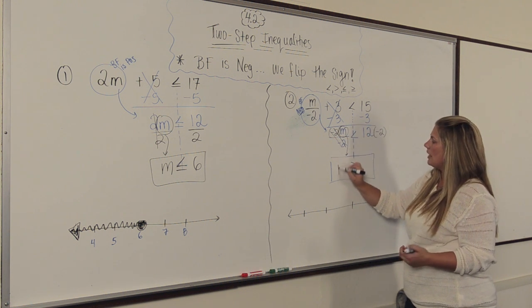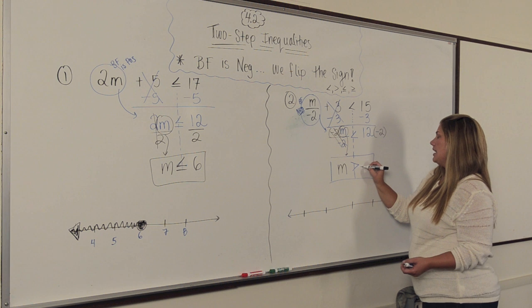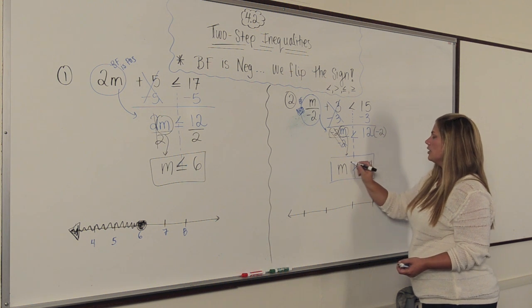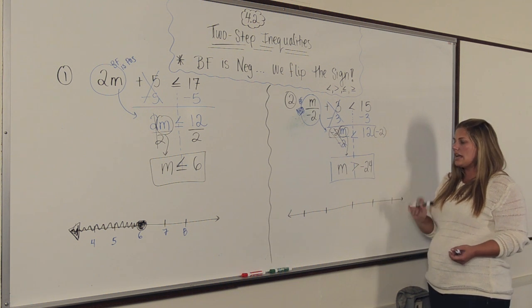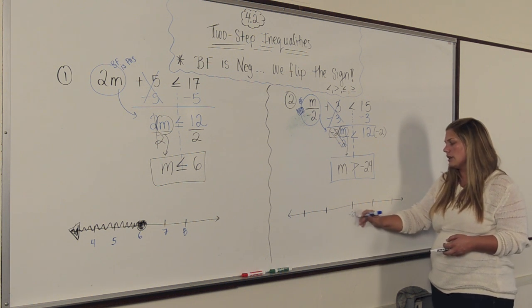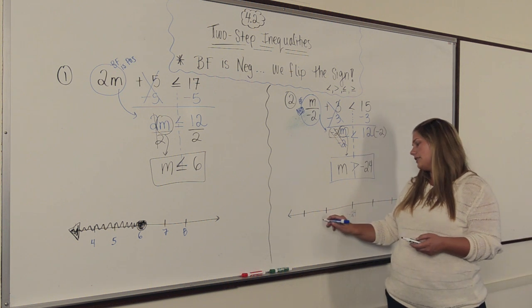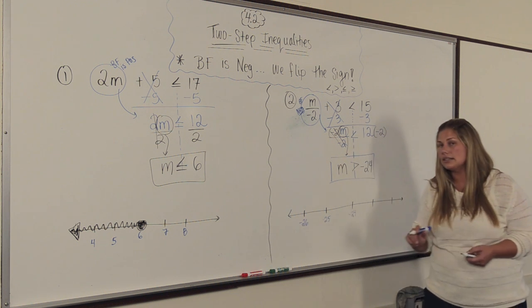And I'm just left with that m. 12 times negative 2 is negative 24. So my final answer is m is greater than negative 24. So on my number line, I need negative 24. To the left, it's getting smaller, so negative 25 and negative 26.